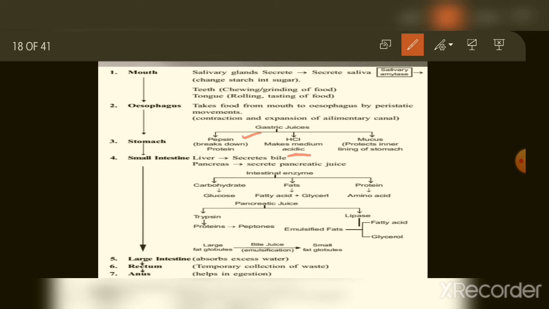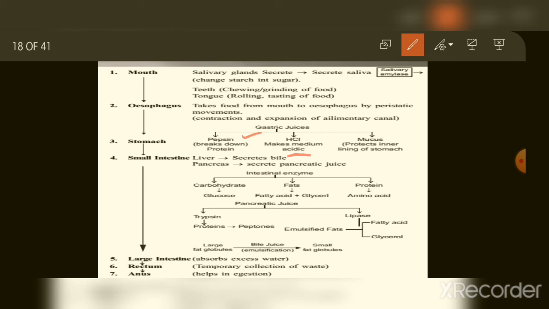The liver secretes bile, right? The food which is coming from the stomach is acidic, because the breakdown of protein has been done in the stomach with the medium of hydrochloric acid.